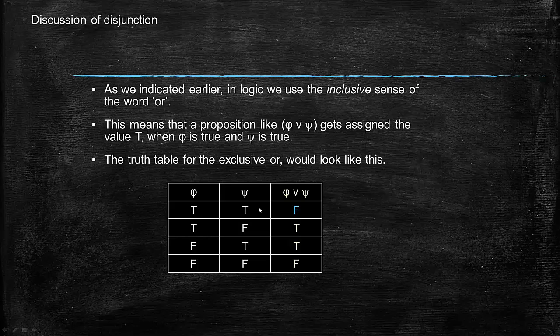So in that case, this would be the difference. True would be false. And that's a perfectly good truth table. It's a perfectly good operator, but we just don't use it, as we explained earlier. Anytime we want to capture that, we just capture it using the inclusive or and a negated conjunction.